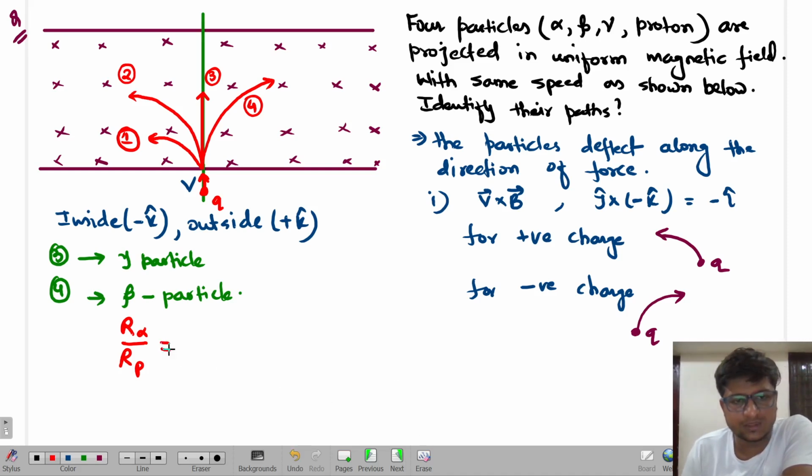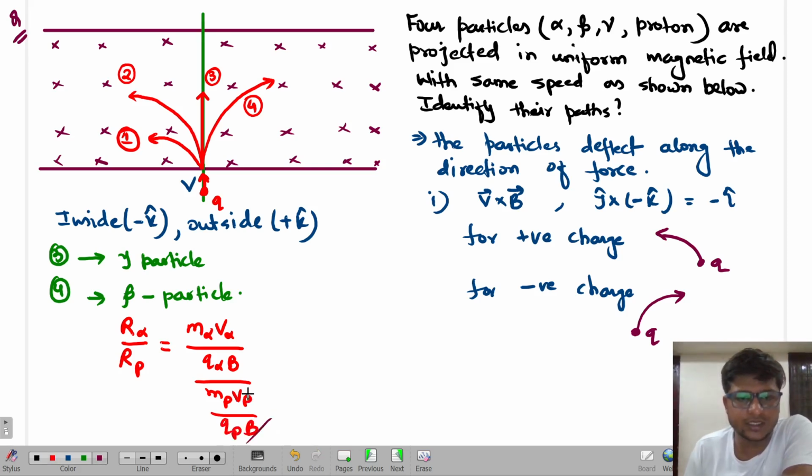So radius of alpha particle equals mass of alpha, velocity of alpha, divided by charge of alpha particle into magnetic field. Magnetic field is same, divided by mass of proton, velocity of proton, which is also same, by charge of proton into magnetic field.